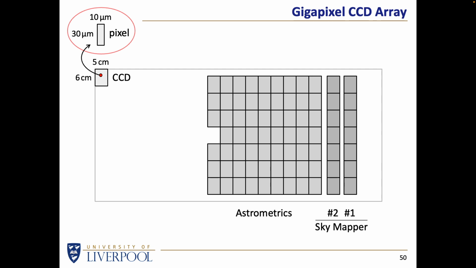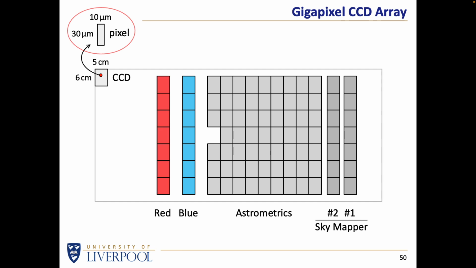That's how the computer on board knows which star is which. It's got billions of stars coming across its field of view, but because they are masked in a particular way, the sky mappers know which telescope they're looking at, and can identify that this star came from that telescope, this star came from that telescope, etc.